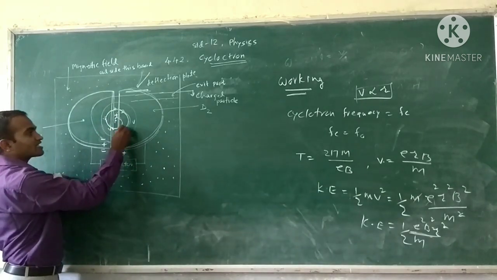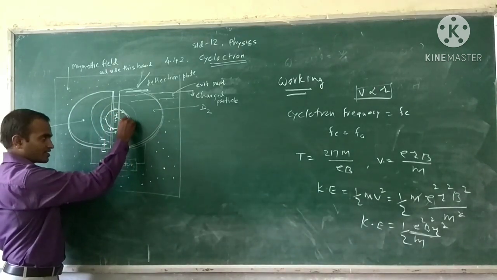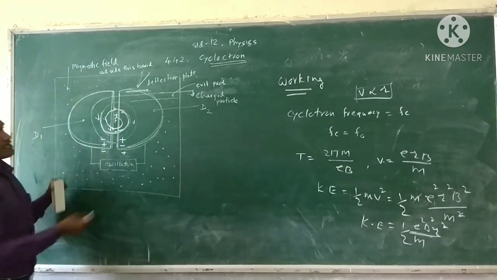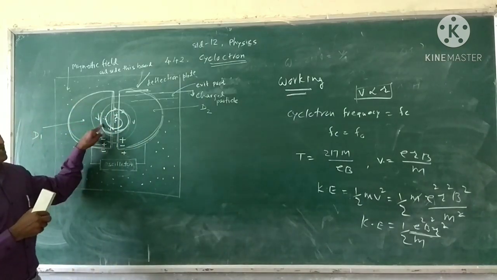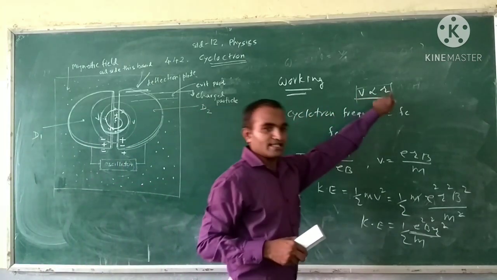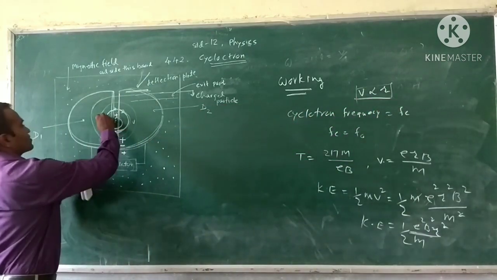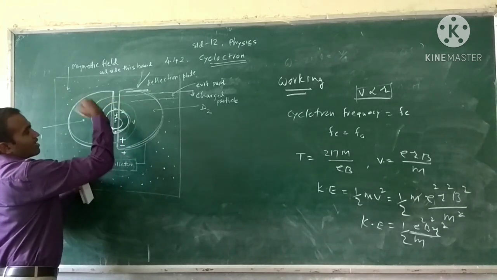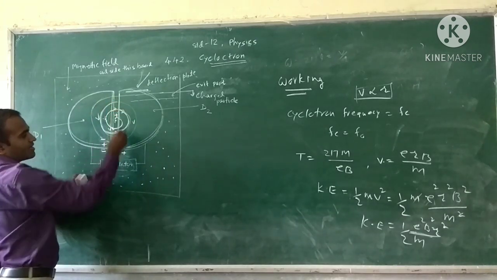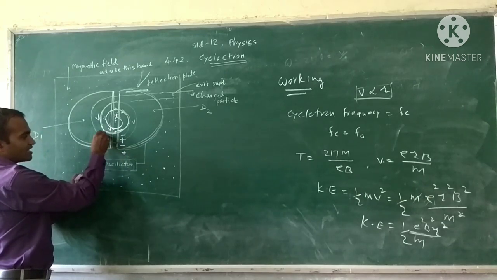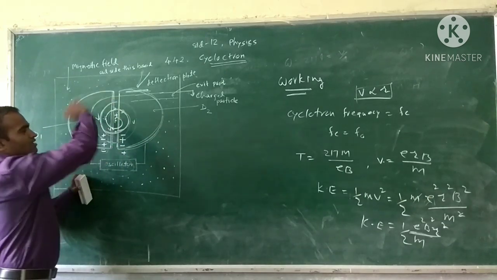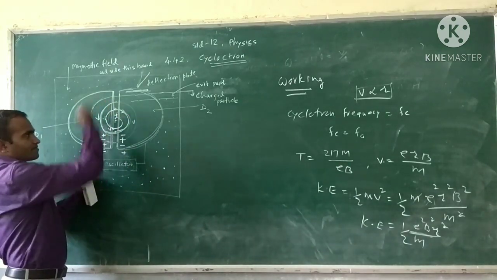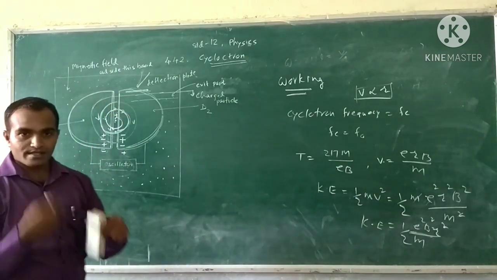So its speed will increase again, and if velocity increases, its radius will again increase. Completing a half cycle, once again this side will become negative and the other side positive. This will happen, so during each cycle its speed is increasing.